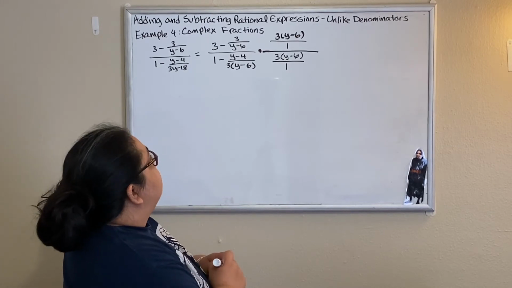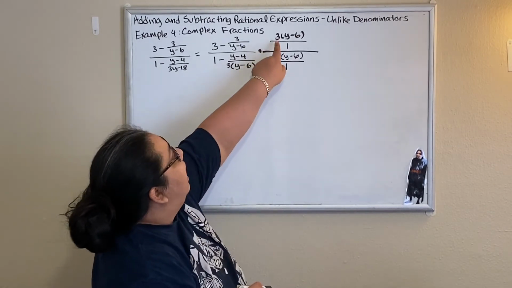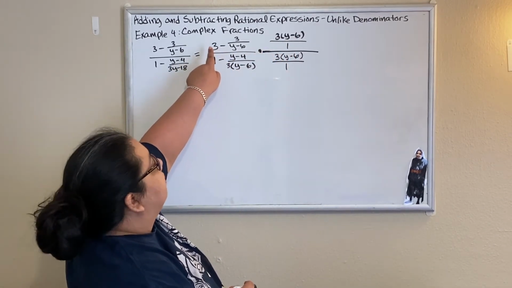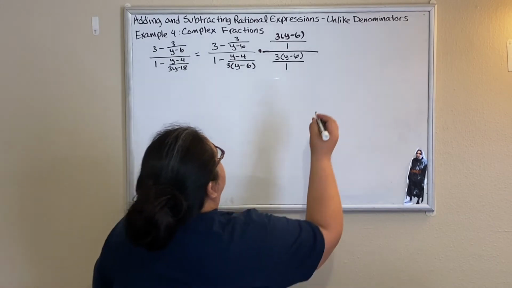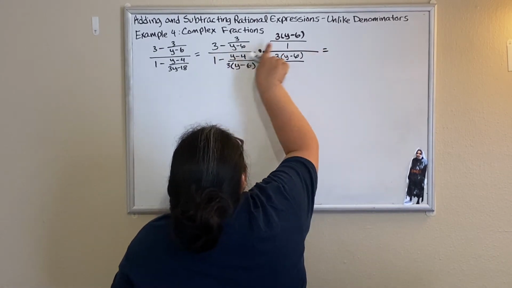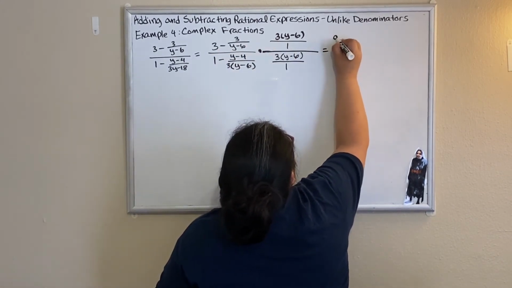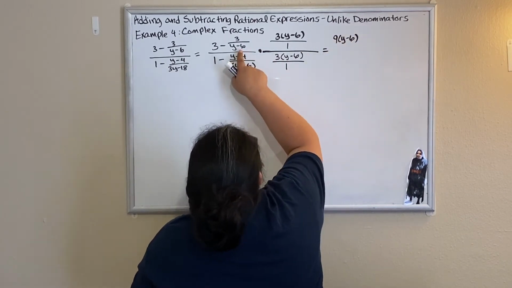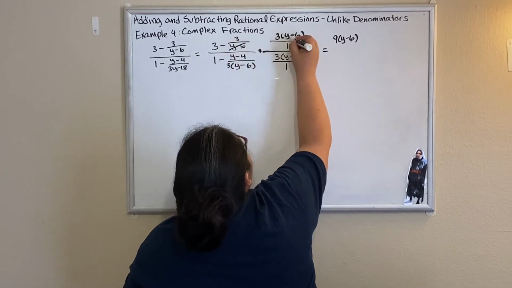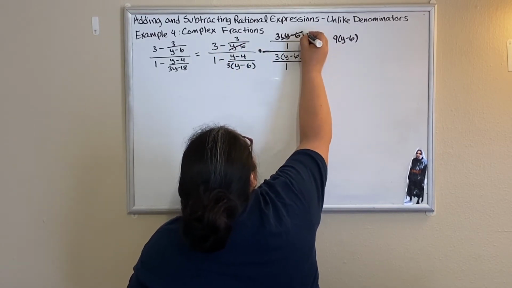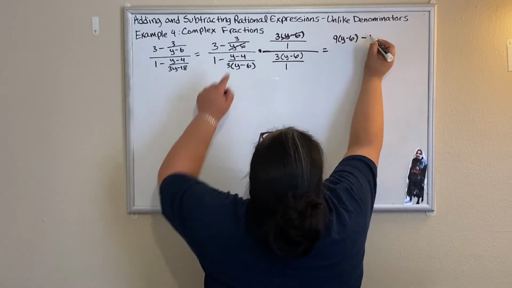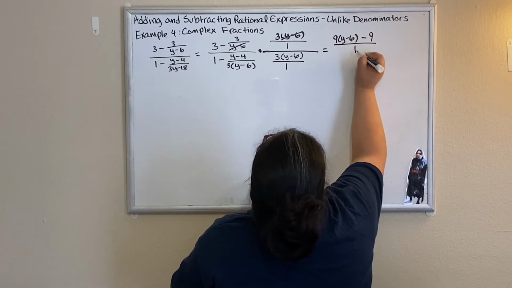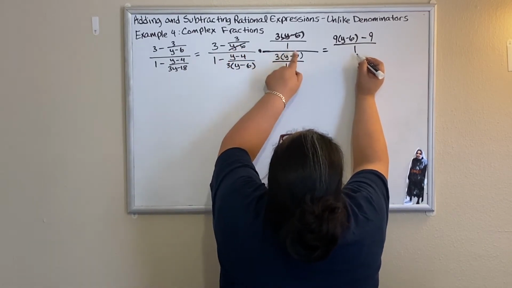Now watch what happens here. I'm going to multiply this 3 times y minus 6 times this 3 over here. So that's going to give me 3 times 3 is 9 times y minus 6. Over here, the y minus 6 are going to reduce, so that's just going to leave me with a minus 3 times 3, which is 9. And all of that is going to be over 1 because this reduced, so we just have the 1 left.